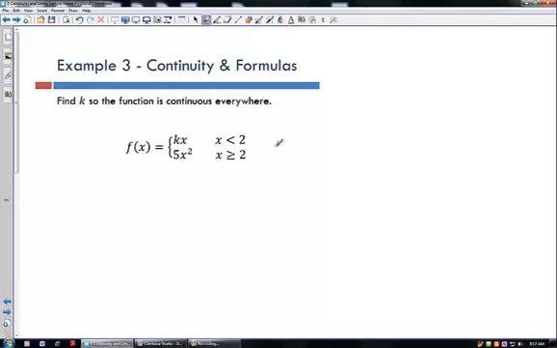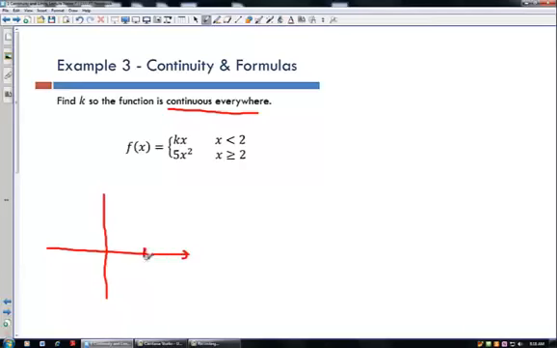So oftentimes you get these jump discontinuities, and the way you get a jump discontinuity is you have a piecewise defined function. So here in this example, it says, let's find k so the function is continuous everywhere. And so the idea is that these functions need to match up when x equals 2, basically. You can graph this. So you want to think about what's really going on here.